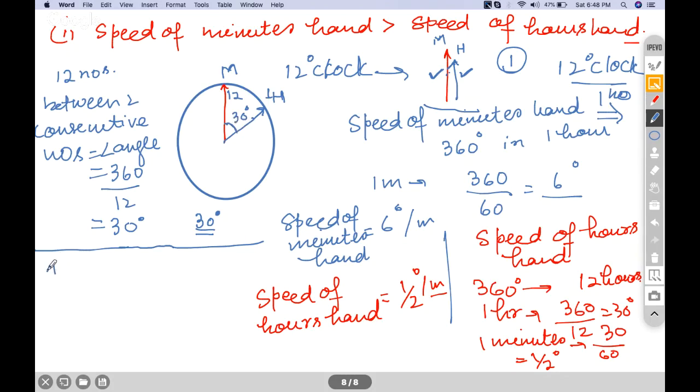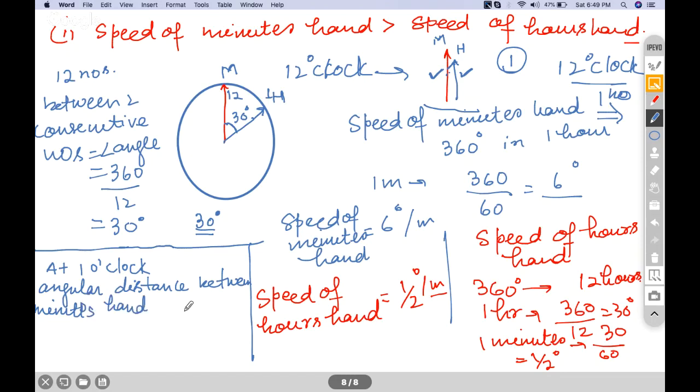So at 1 o'clock, the angular displacement or angular distance, whatever you call, between the minutes hand and the hours hand is 30 degrees.